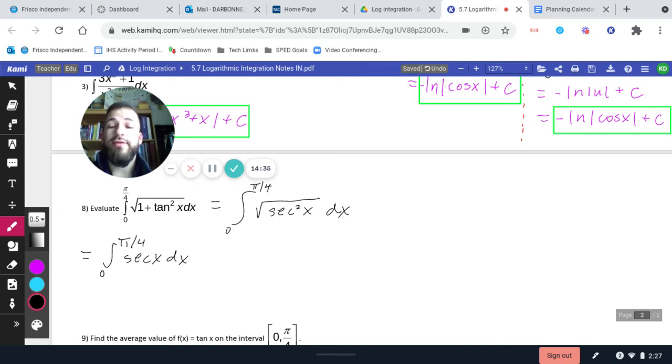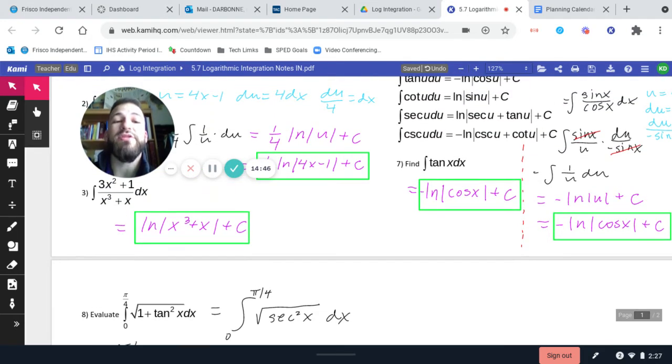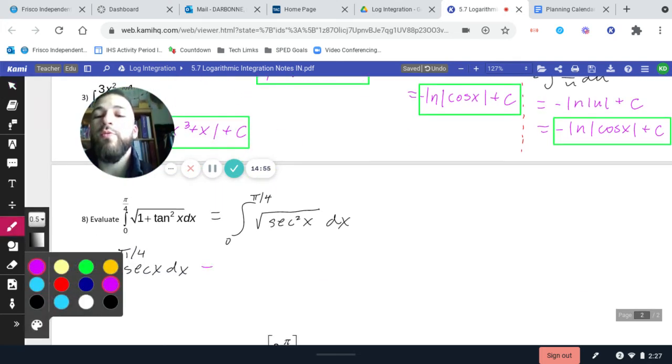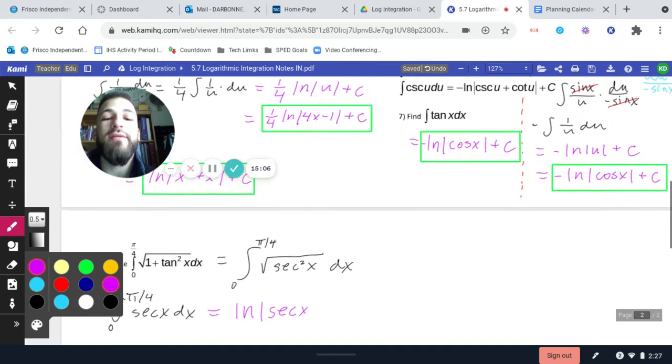Okay, now I don't actually have to do a u sub at all because secant of x actually has an integral formula, and it's that natural log one. So my integral of secant of x is equal to the natural log of secant of x plus tangent of x plus c. Okay, so now, without even having to do an integral rule, I can integrate this to get the natural log of the absolute value of secant of x plus tan.